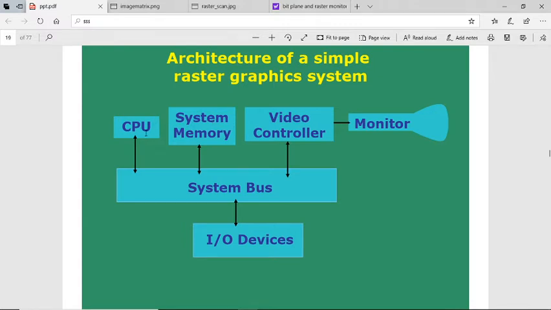The CPU writes down the definition of what the image should be in the refresh buffer. The video controller brings that image information from the refresh buffer, the definition of what kind of image to draw, converts it, and projects it onto the monitor. Then it tells the monitor which pixels to turn on and which pixels to turn off.